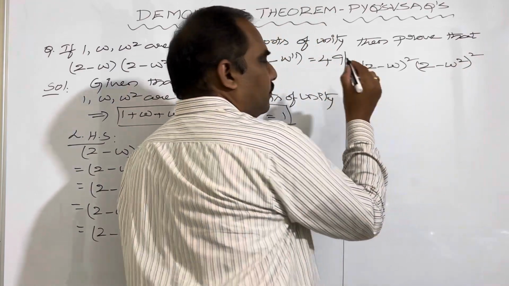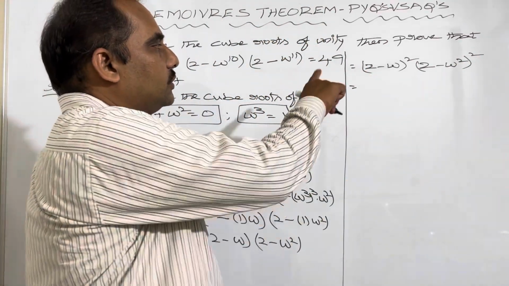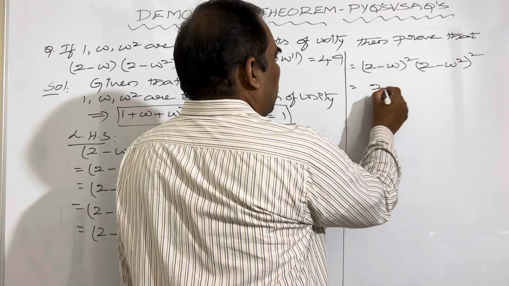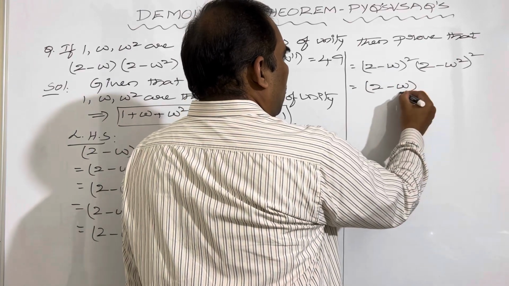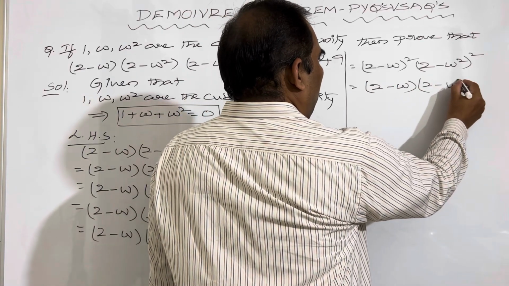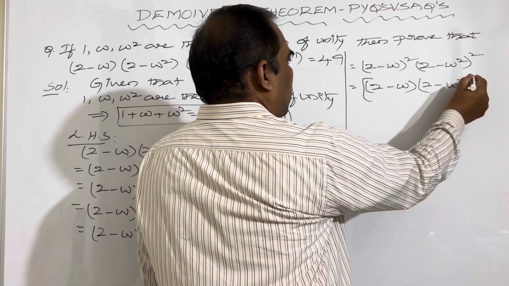Further, this is like a square into b square, so we can write [(2 minus omega)(2 minus omega square)] whole square.